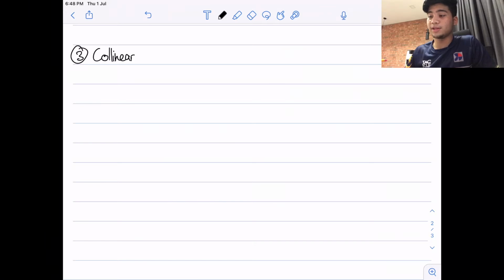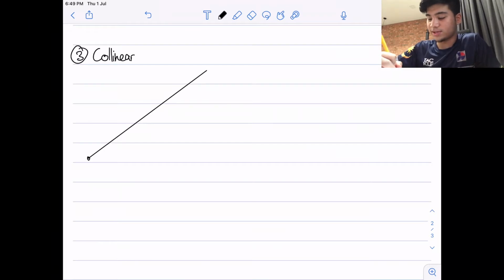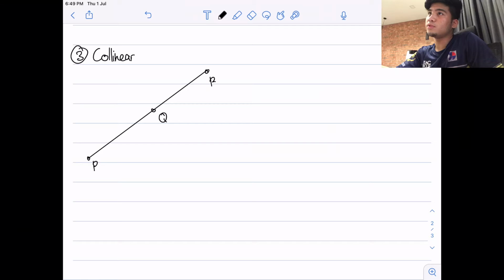So basically, when we say collinear, it's basically saying that certain points are on the same line, alright? So let's call this P, Q, and R. Basically, you would usually have to find it in the equation, or it's already given. But the way you prove P, Q, and R are collinear is first by choosing two vectors.